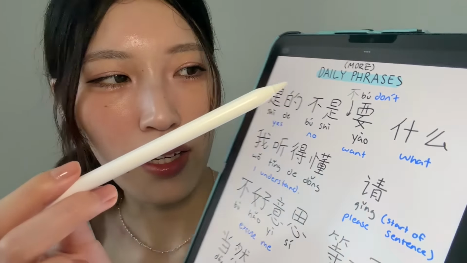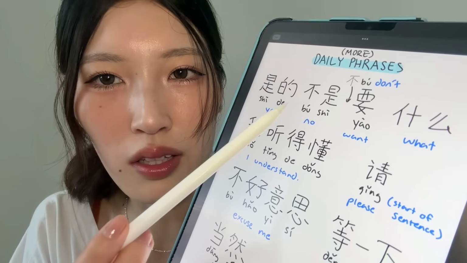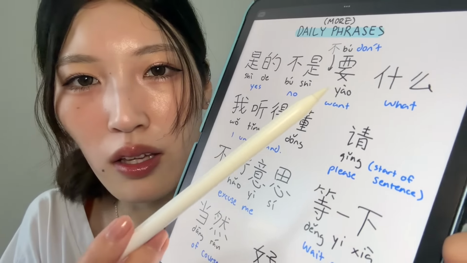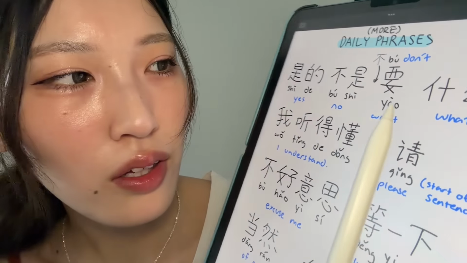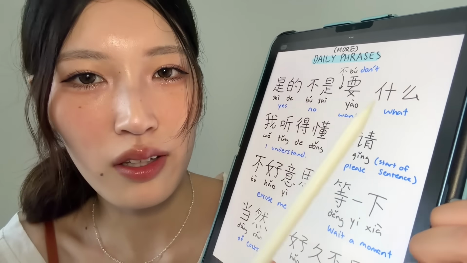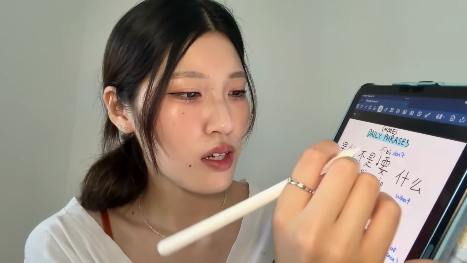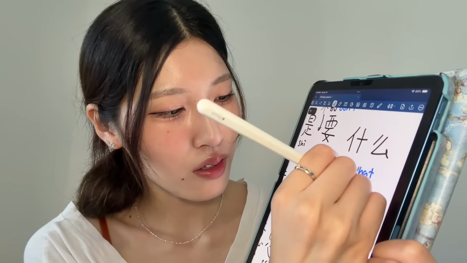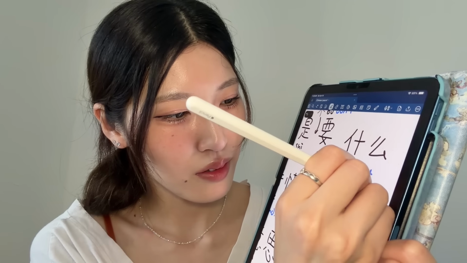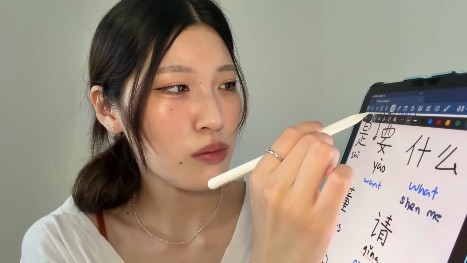See how 不 is kind of the overall no symbol, so 不要的, 不是的. Okay, next one. I kind of forgot to do the pinyin for this one. 什么? It's supposed to be all out right now. 什么东西?